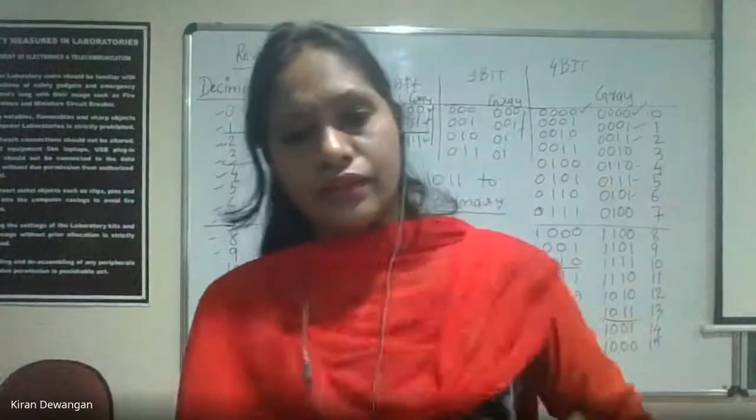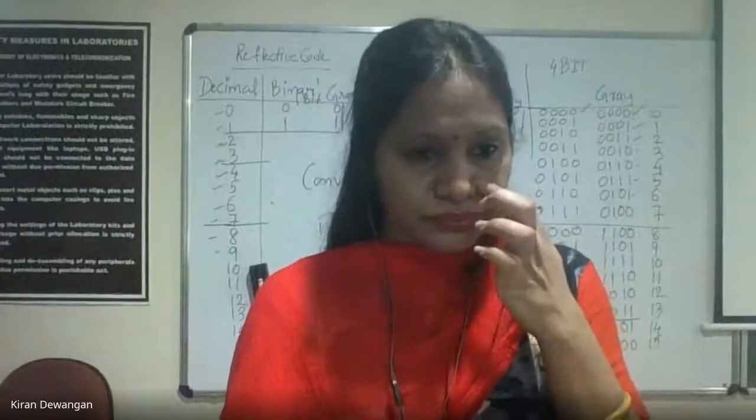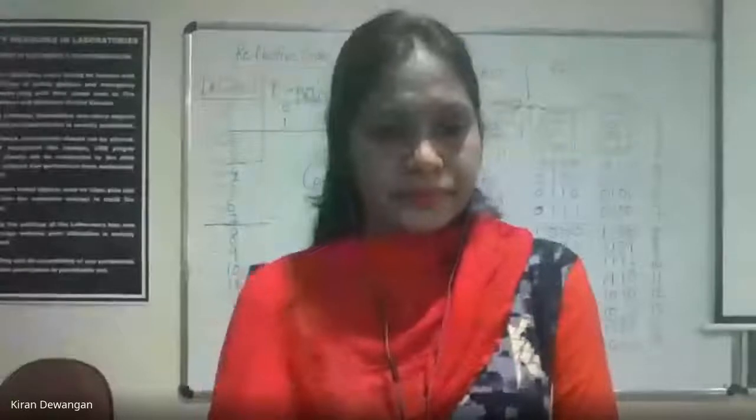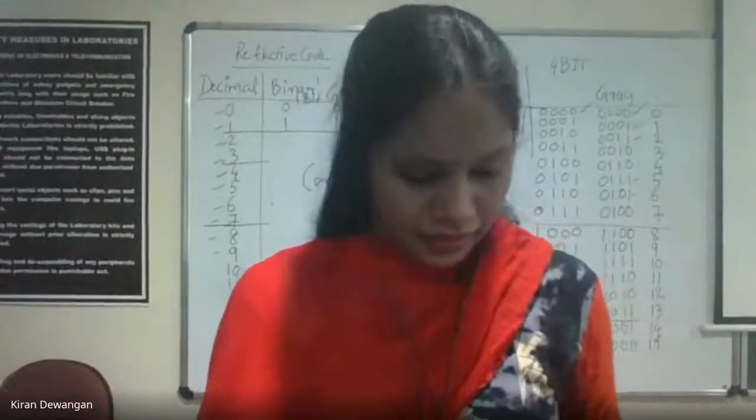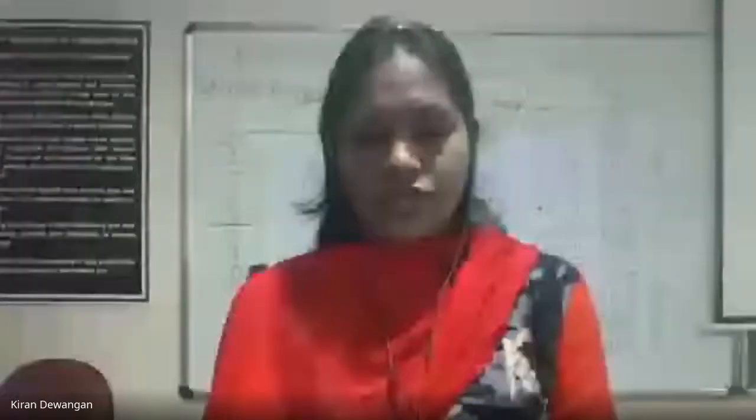I'll explain to you. यहां तक का कंसेप्ट सबको क्लियर है, राइट? Anybody who is still not clear with the concept of binary to gray and gray to binary conversion?